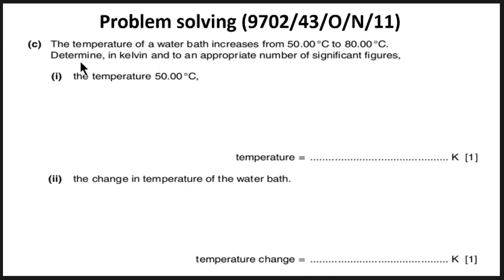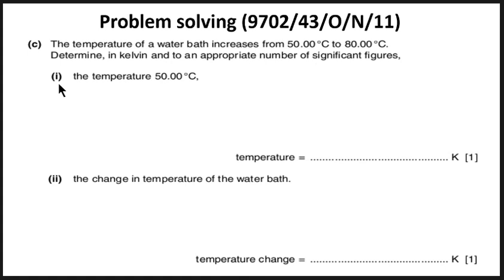The question goes thus: the temperature of a water bath increases from 50.00 degrees Celsius to, rather, 80.00 degrees Celsius. We're now asked to determine in Kelvin and to an appropriate number of significant figures.